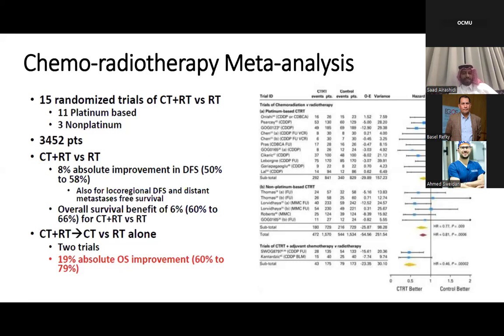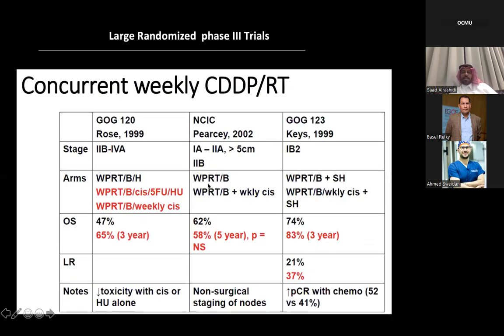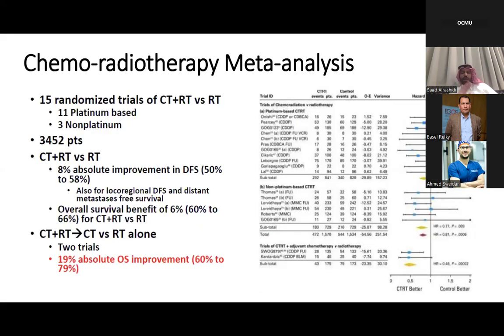Overall survival is not as good as with cisplatin, because cisplatin was run with every trial. Here you see some trials, the American trial, that did carboplatin as well. But again, overall survival is not as good as cisplatin, because cisplatin is more potent as a radiosensitizer and also increases overall survival better than the other chemotherapy. So you need to evaluate, but in general, no.